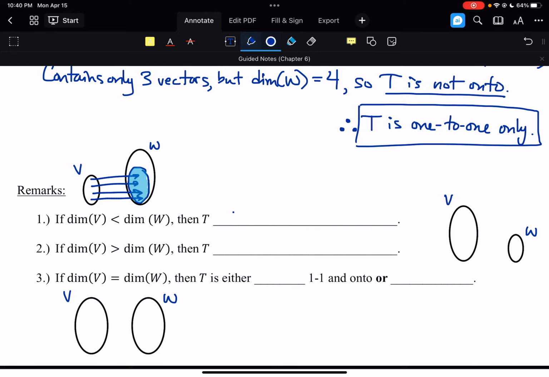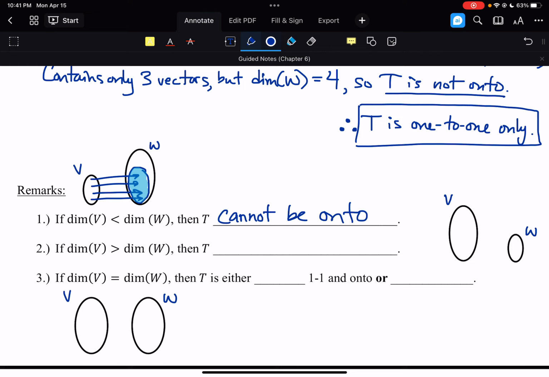So this means that T cannot be onto. Because again, you're looking at the span of the transformed basis. When you transform the basis and then span it, you're able to cover a portion of W, but not the whole thing, because there just wasn't enough there to cover all of W. So T cannot be onto.